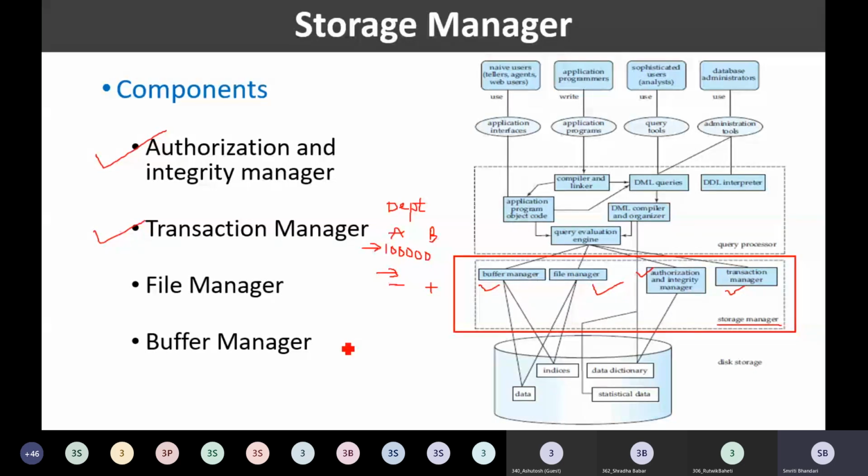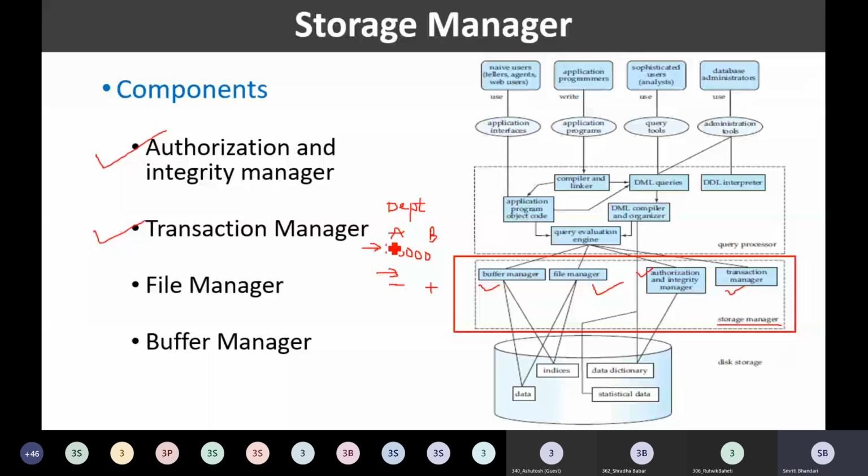So, let us assume that the first operation is performed correctly. That means A's account gets decremented by 20,000. But there is a failure now and the 20,000 amount is not being deposited in B's account due to failure. Then what will happen?